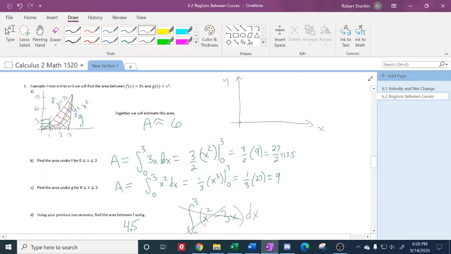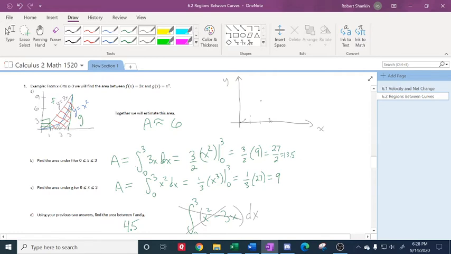At 1, f is about half a unit higher than the g value, so it's going to be about 1/2. When x is 2, f is more than a whole unit, maybe 2 or 3 units, higher than the g, so you're way up here. And then at 3, they're both back at the same height.